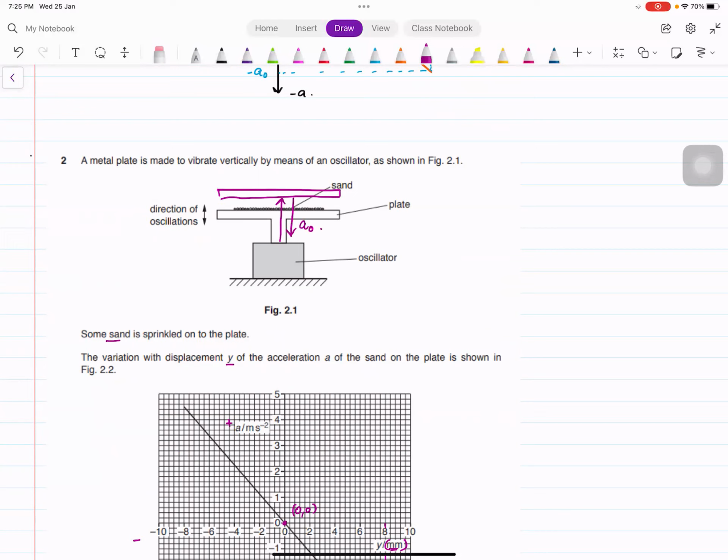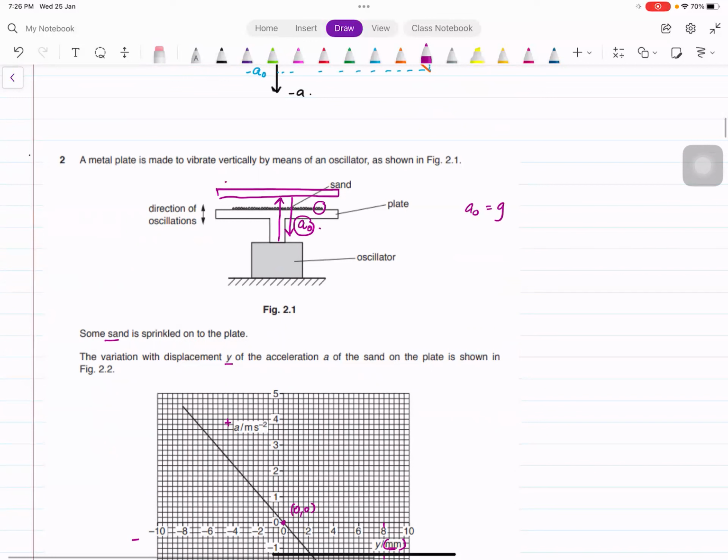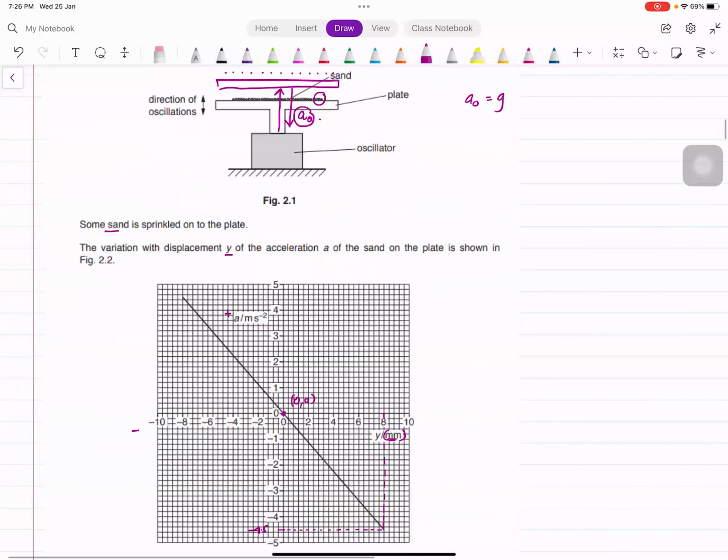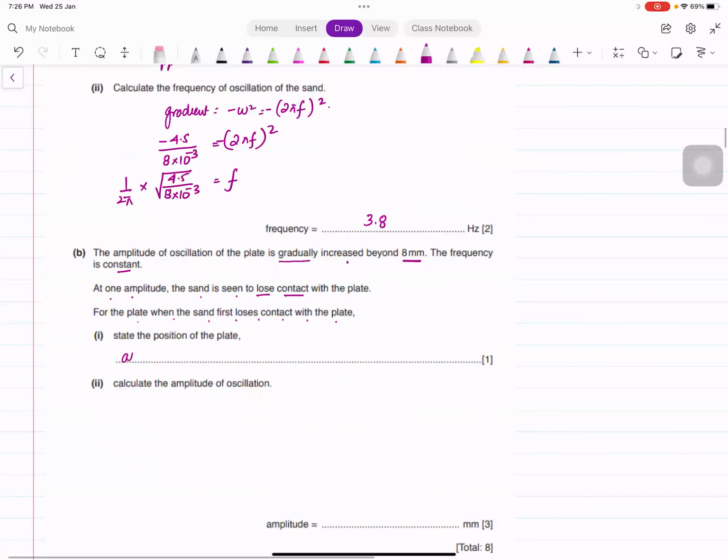If the acceleration of the plate and the acceleration due to gravity is equal, then the sand will seem to just lose contact as the reaction force and the gravitational force are basically equal. All right. So it is going to be at maximum displacement at the above position.